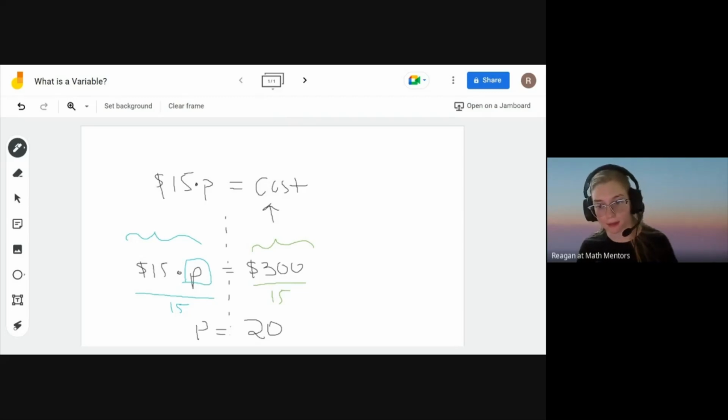For example, the opposite operation of multiplication is division. You would do the opposite operation to remove all the numbers that are on the same side as that variable, as we did with the 15 in our second part of our equation. With those three things in mind, you're pretty much set for a lot of variable equations.